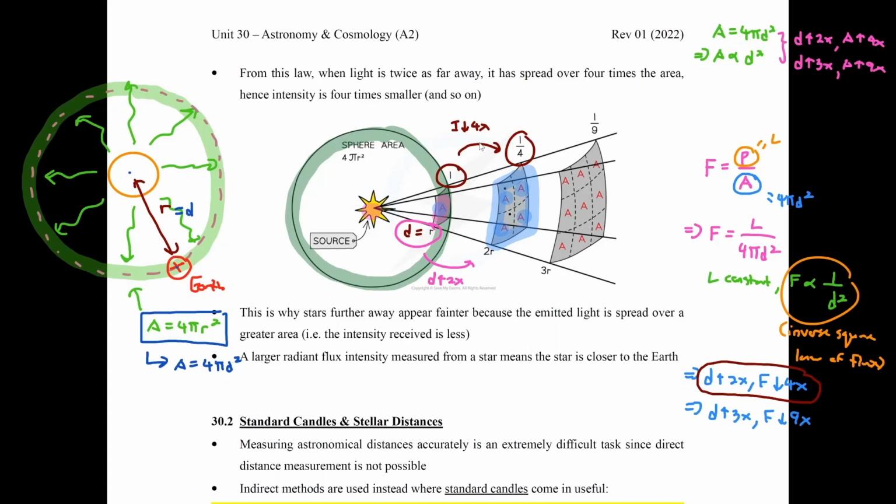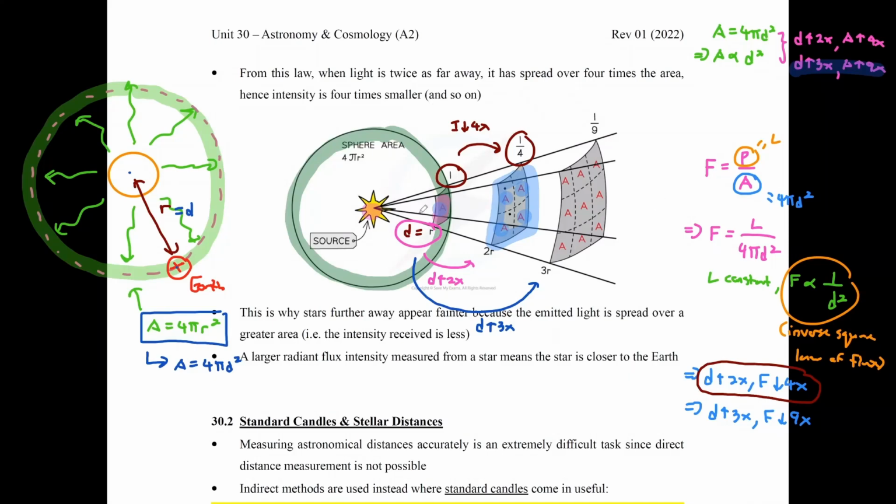Then how about if you were to increase your distance by 3 times? From d equals r, you go to d equals 3r. This is where distance is increased by 3 times. So based on the relation that you have over here, when your distance is increased by 3 times, your area would have been spread out to 9 times as large.